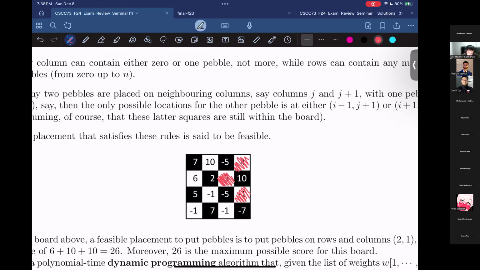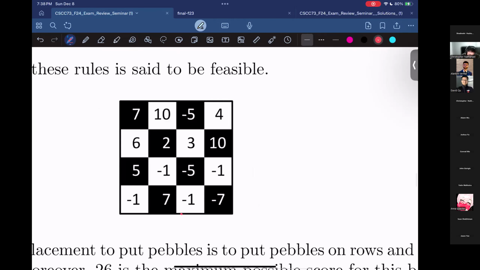Assuming that, of course, these 2 squares are within the board, right? So in other words, if your ij is somewhere here, for i minus 1, you can put it here, but you can't put it outside of the board. There's no more space.